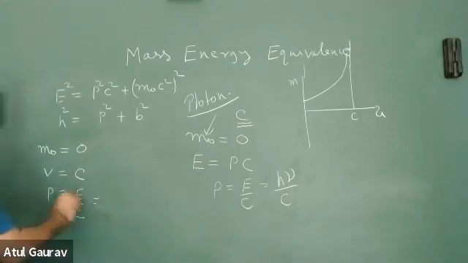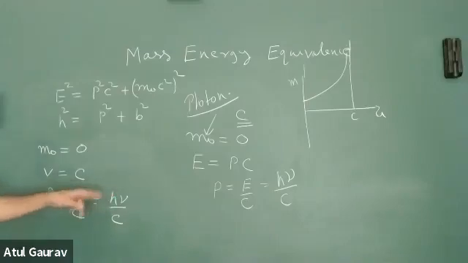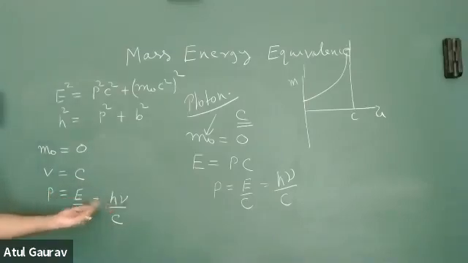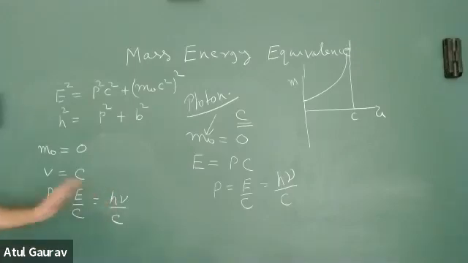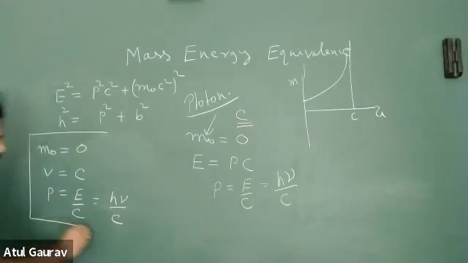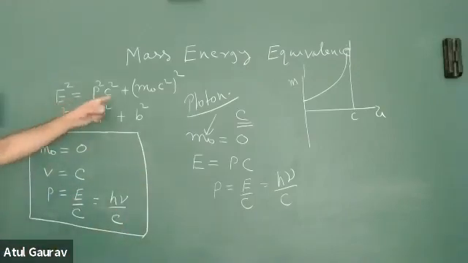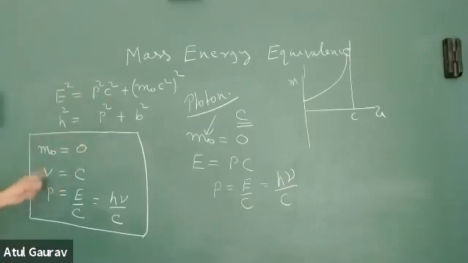And what will be this E? This E is nothing but h nu. We know from modern physics and the photoelectric effect that a massless particle's energy is dependent on frequency. So we have a very interesting calculation from this expression: a massless particle can exist with some momentum.